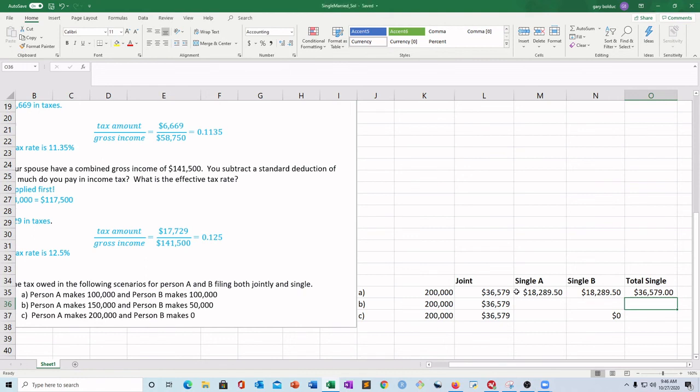It doesn't matter whether you do it jointly or they each do it individually, it's even. So we'll color those both in green because it doesn't matter which one you choose. So go ahead and fill out the rest of this table. The solution guide will have the full table in with which is better or which is worse.